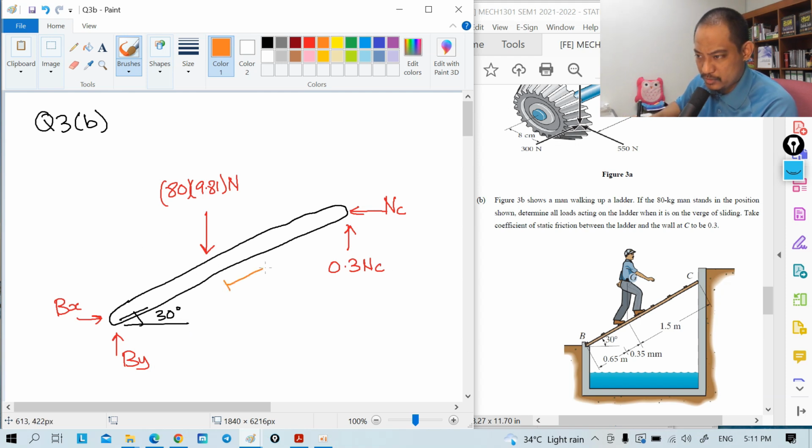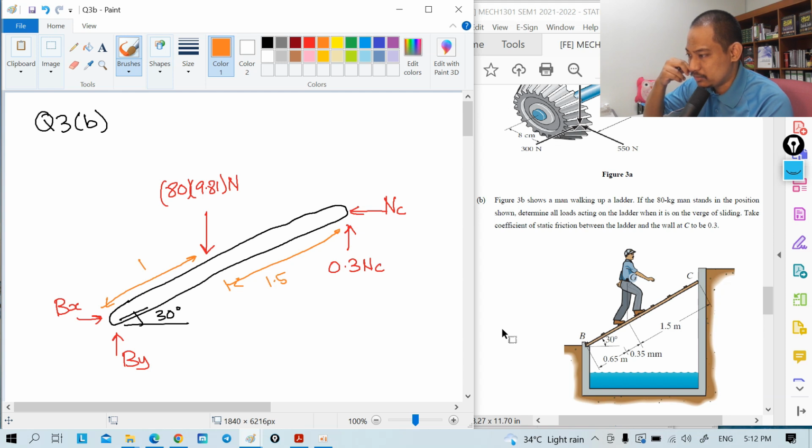Okay, the perpendicular distance from there to there is 1.5, and the perpendicular distance here is a combination of 0.65 and 0.35. That's 1, right? 1 meter, it's 100 millimeter.